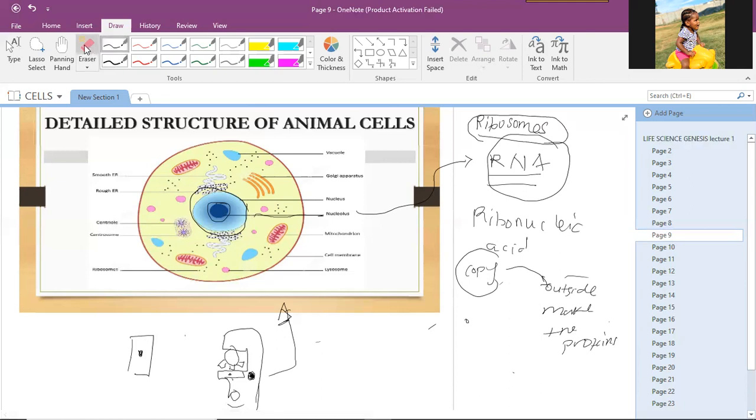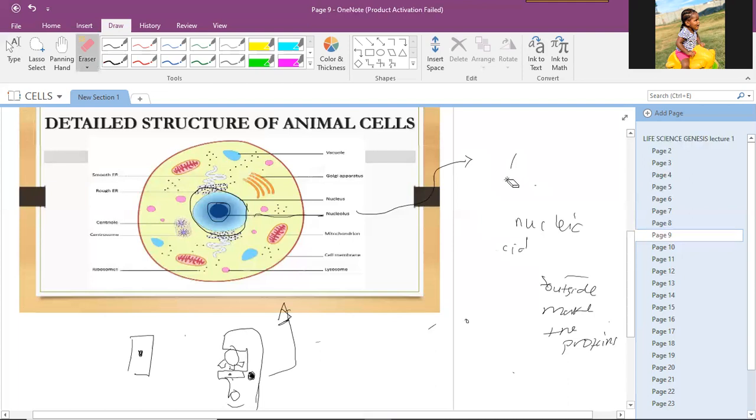Actually, this is a better way in which you can remember this, because RNA might be a little bit A level. You know what ribosomes are, you've heard of rough endoplasmic reticulum. Rough endoplasmic reticulum contains ribosomes. So what's the function of the nucleolus?